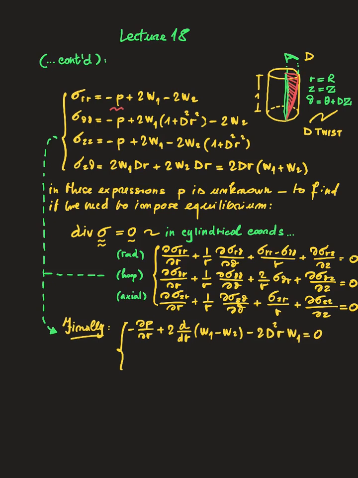This is the first equilibrium equation. The other two are very simple: dP in d theta equal to 0 and minus dP in dz equal to 0.